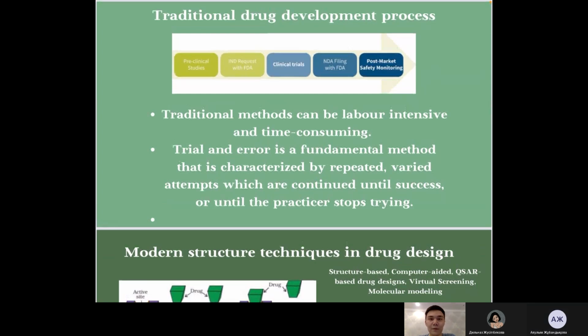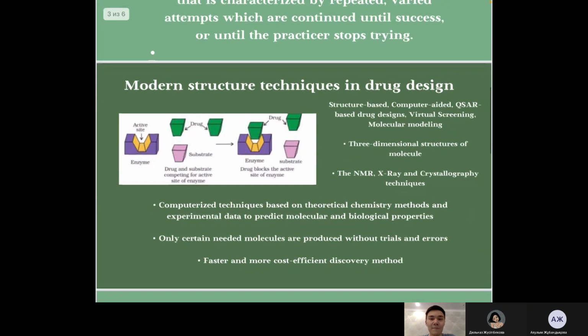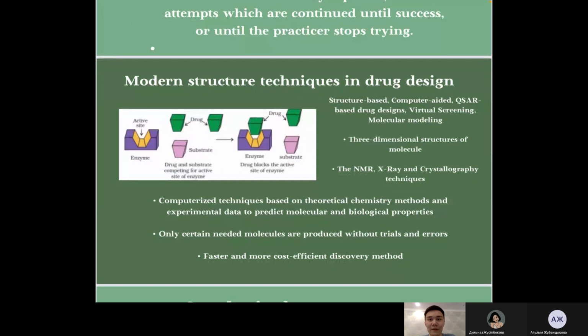Today, with the help of technologies and modern techniques, chemists in collaboration with data scientists have produced different methods of modern drug design. Here are some examples: structure-based, computer-aided, QSAR-based drug designs. They consist of virtual screening and molecular modeling.